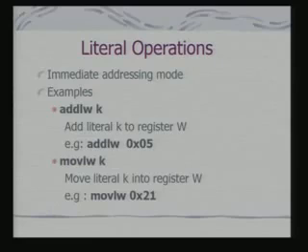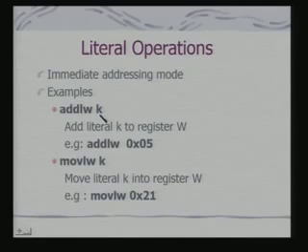Let's look at now literal operations. Now in the literal operations, we actually use immediate mode addressing. In this case, these are all direct operations, that is where your data is part of the instruction itself.